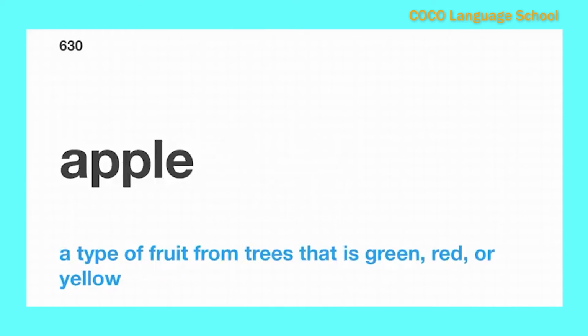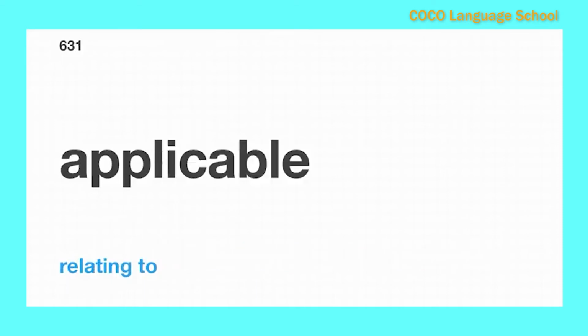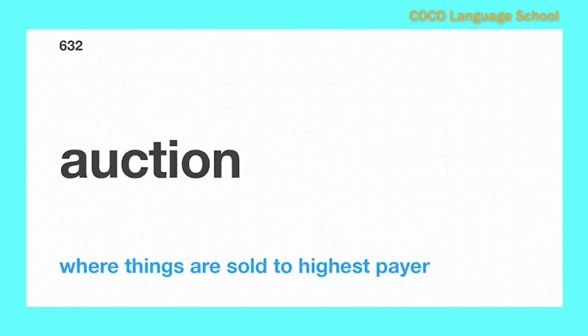A type of fruit from trees that is green, red, or yellow. Apple. Relating to. Applicable. Where things are sold to highest payer. Auction.